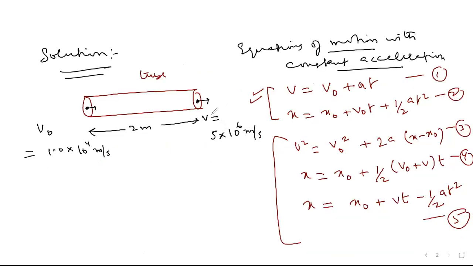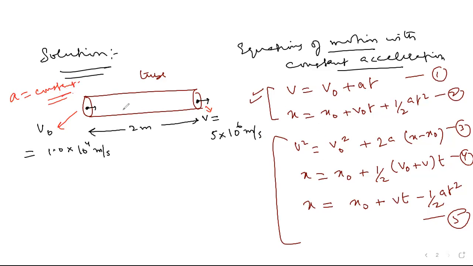Here when it enters the tube, its velocity is the initial velocity, which is 1 into 10 raised power 4 meter per second, right? This is the information given, and we need to assume that A is constant. When we assume A is constant, that means we can make use of these equations.